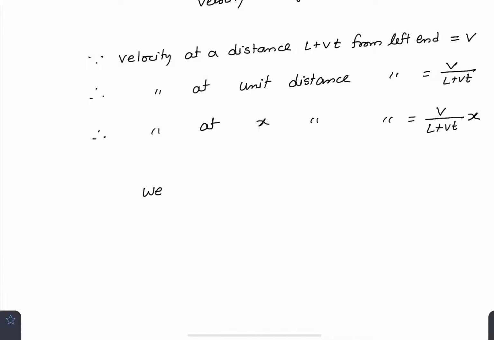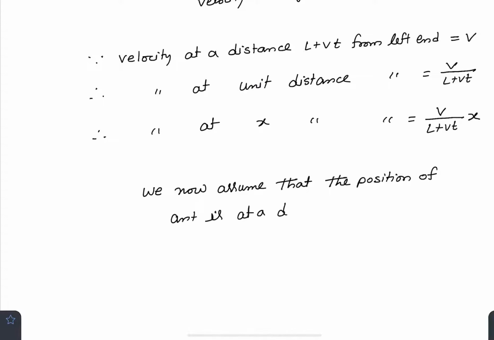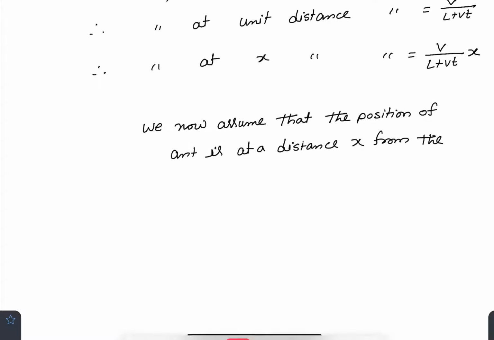We now assume that the position of the ant is at a distance x from the fixed end of the rubber band at time t.